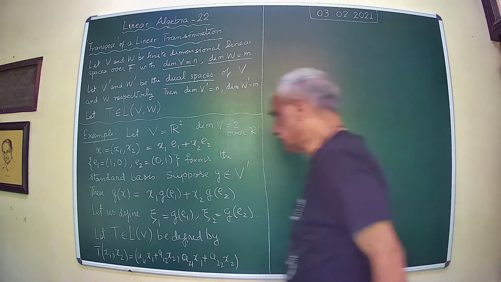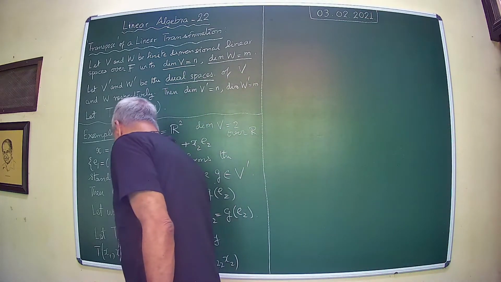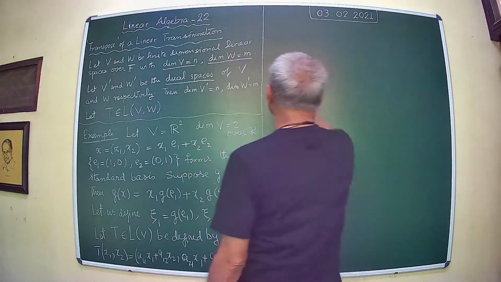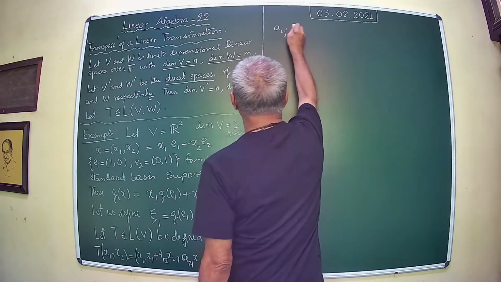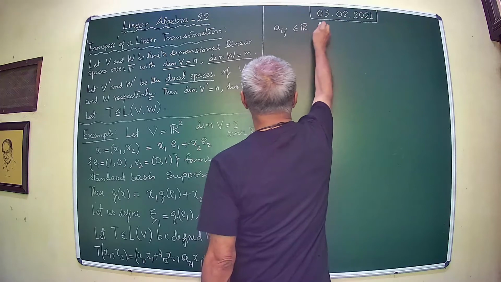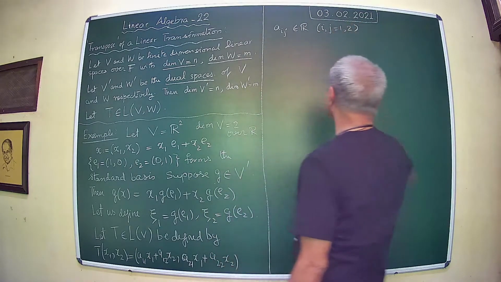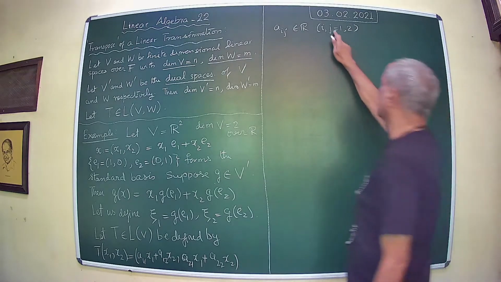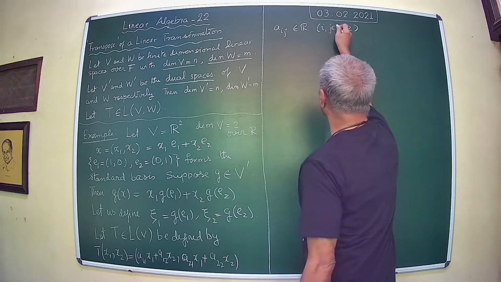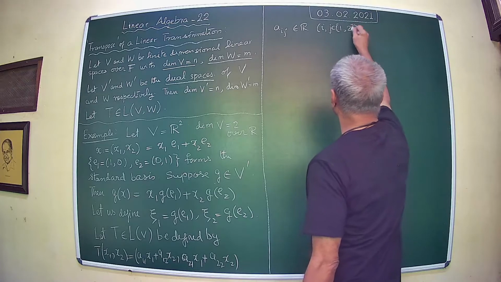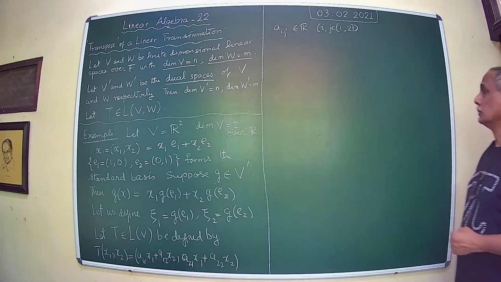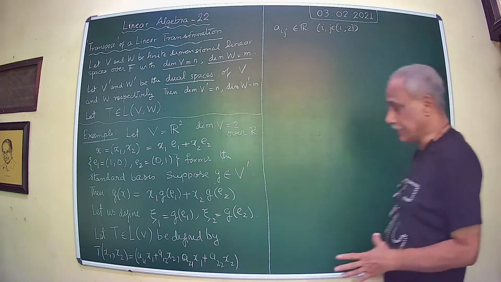So this is the linear transformation that we consider, where Aij are real numbers, so that fixes the linear transformation.